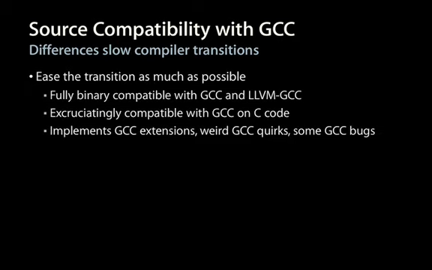I'm really happy to say that we put a ridiculous amount of work into making Clang compatible with GCC. Not only do we support the C standard, we also support a bunch of GCC extensions, like inline assembly, an obvious one that many people use. We also support a broad range of interesting quirks that are dubious, and even some outright bugs that GCC has that real code depends on.